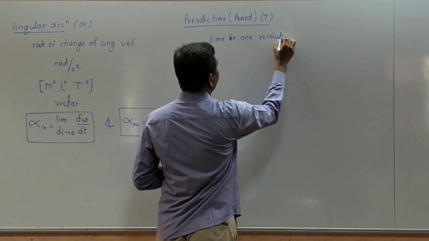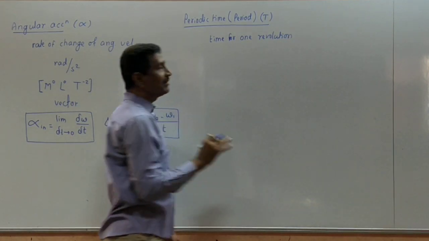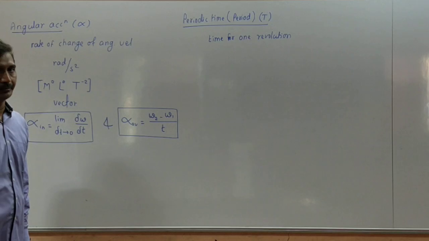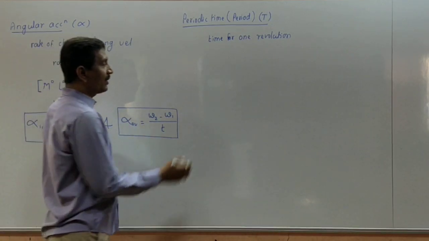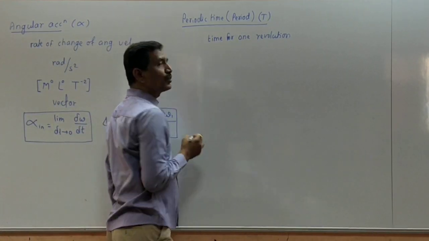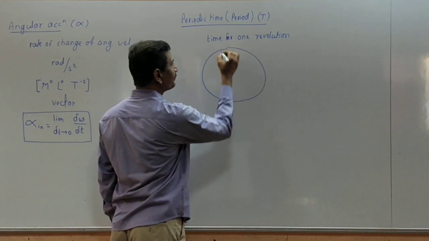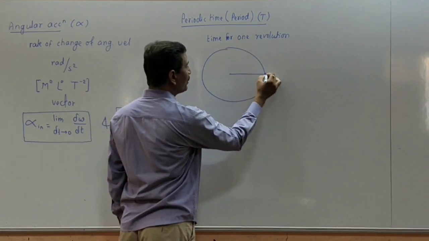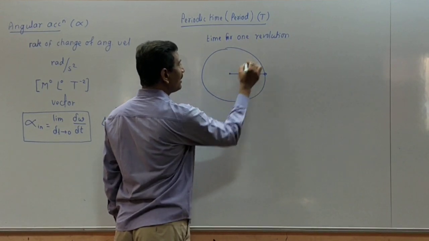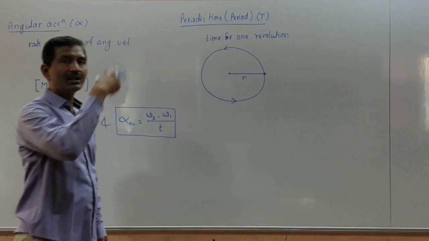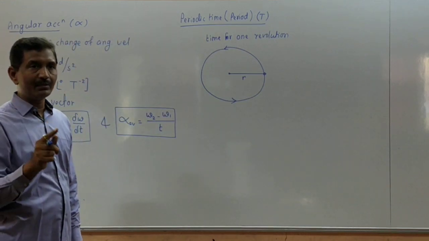Means simply we say that time for one revolution is called the periodic time. In one revolution, the particle covers how much distance? It is equal to the circumference of a circle.